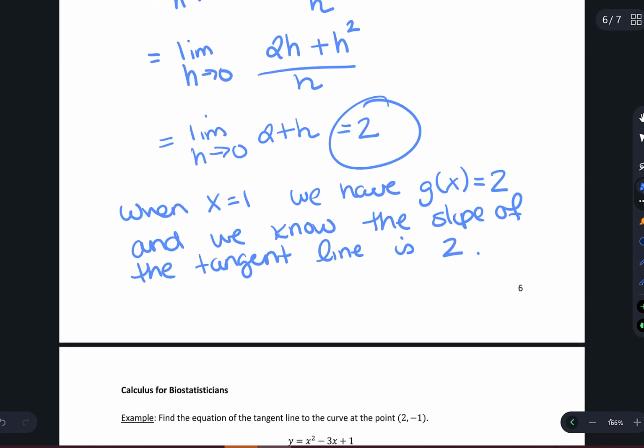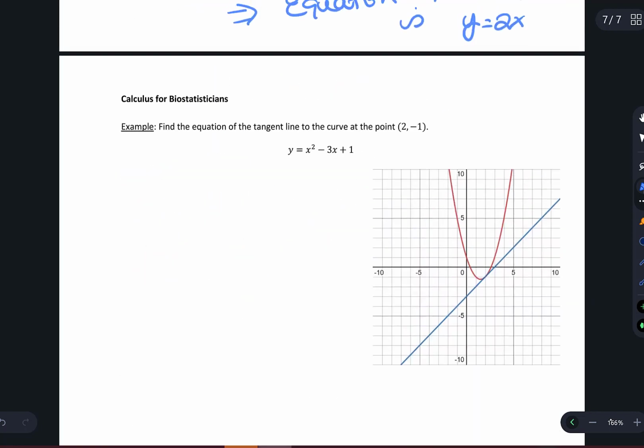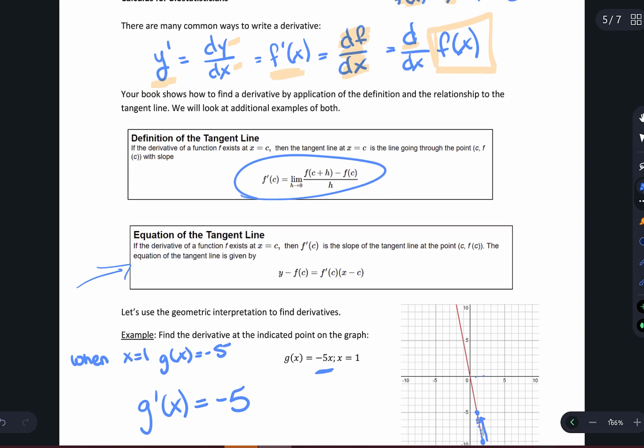And so therefore, the equation of the line is y is equal to 2x. And I could get that, going back up here, you can plug that directly into here.